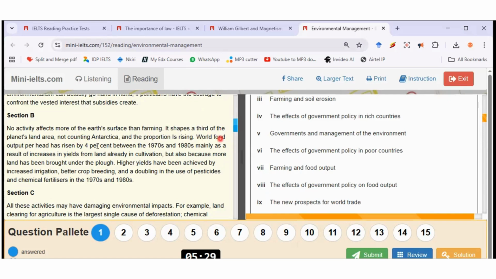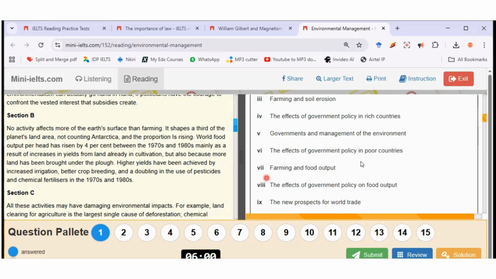World food output per head has risen by 4% between the 1970s and 1980s, mainly as a result of increases in yields from land already in cultivation, but also because more land has been brought under the plow. Higher yields have been achieved by increased irrigation, better crop breeding, and a doubling in the use of pesticides and chemical fertilizer. So here they're talking about farming.